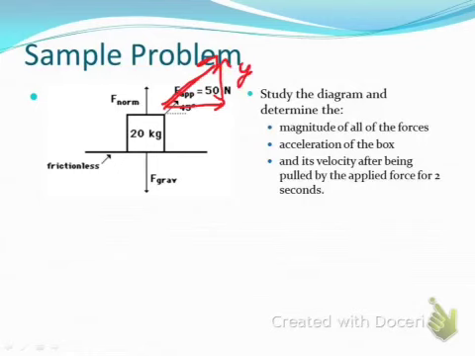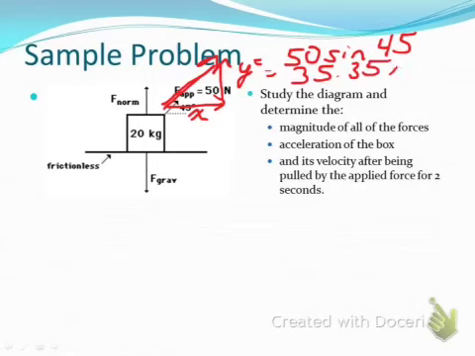Basically I want to find the x and y components. I'm going to find the y first. I'm going to take the hypotenuse times sine of our angle. Working that out, I'm going to get 35.35 newtons. Since this is a 45-degree triangle, my x direction is the same thing.